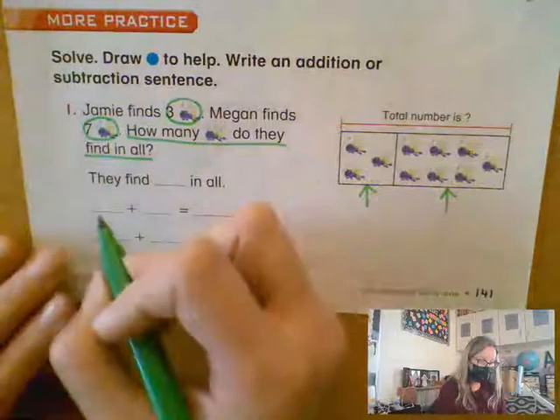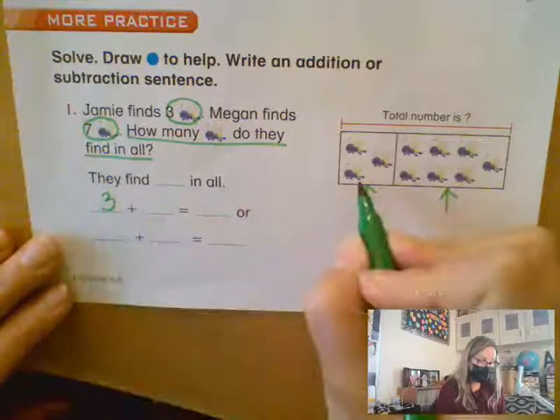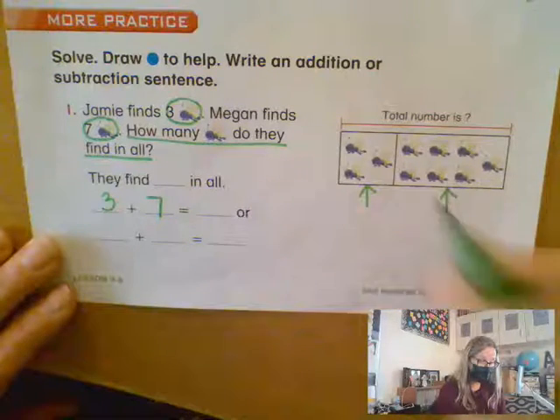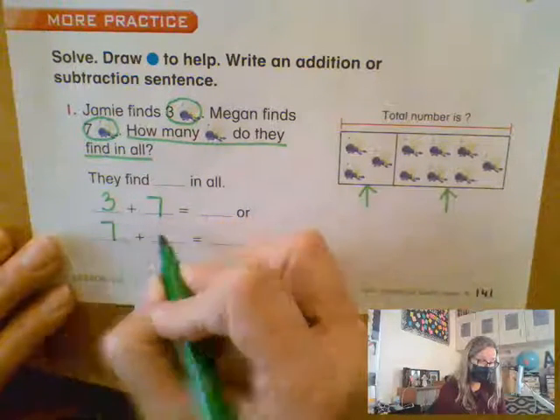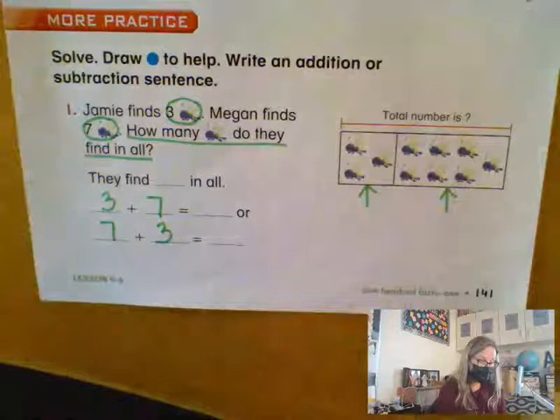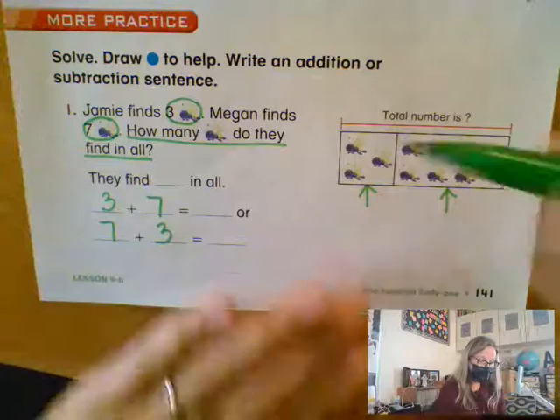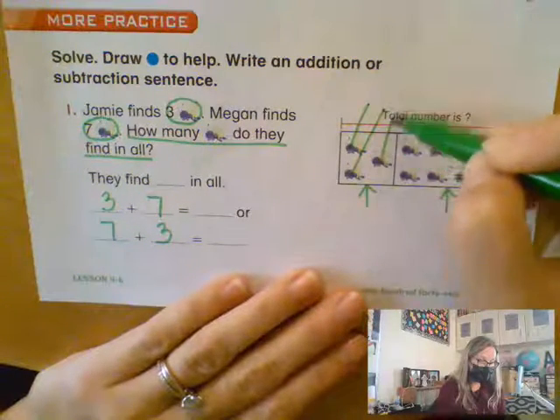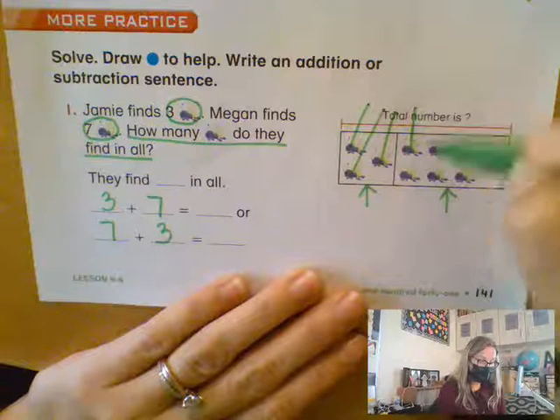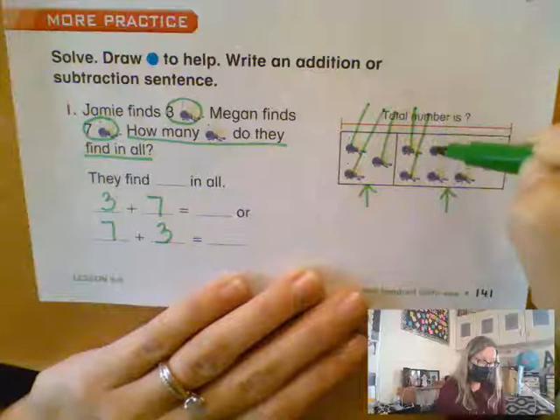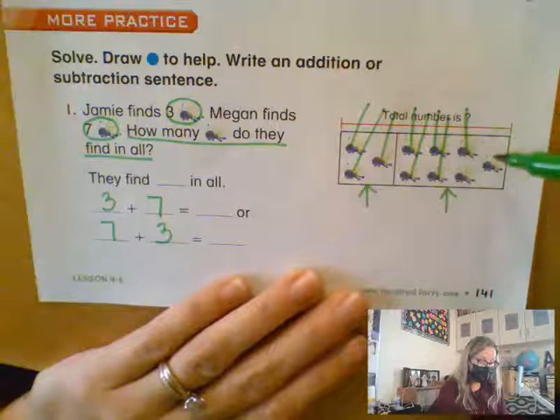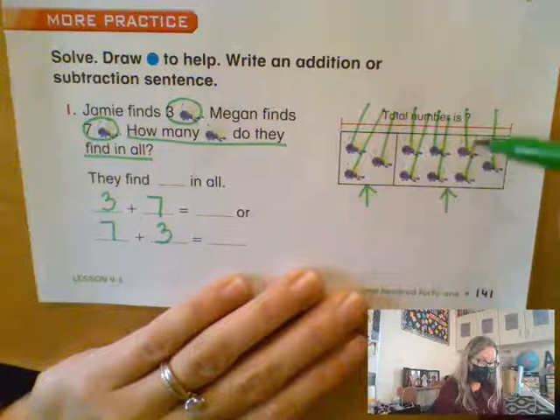So we could either say 3 plus 7 equals some number, or we could say 7 plus 3 equals some number. So let's count them up and see how many there are all together. Ready? 1, 2, 3, 4, 5, 6, 7, 8, 9, 10.